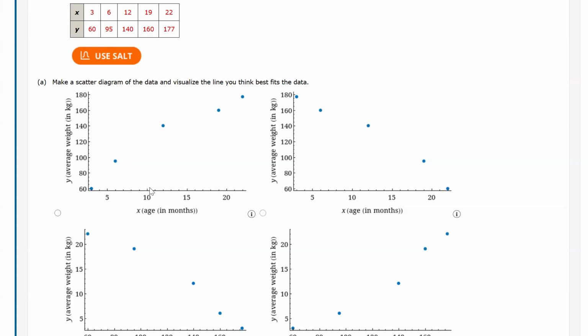I've got 12 and 140. Then 19 and 160. And 22 and 177. So this should be somewhere there. Oh, yeah, that's good. So right there, I know that it is this first one. So I choose that.